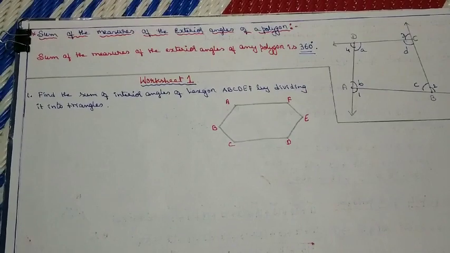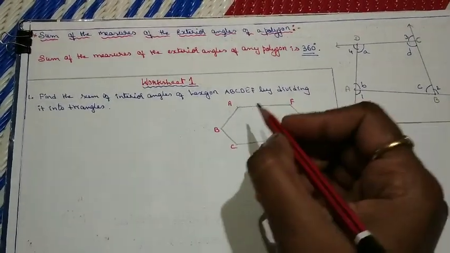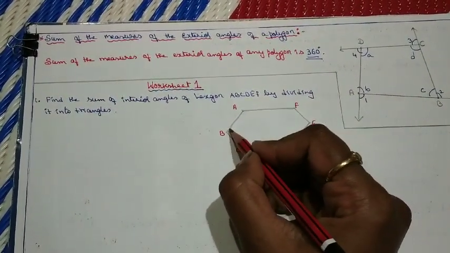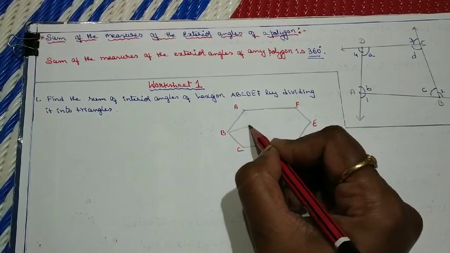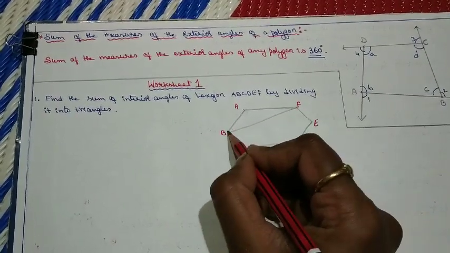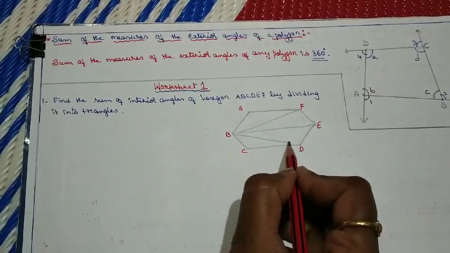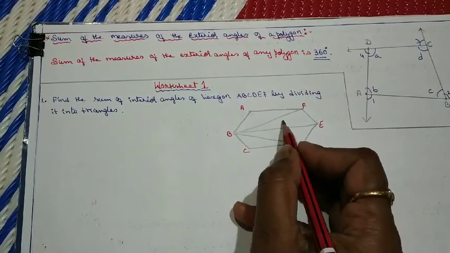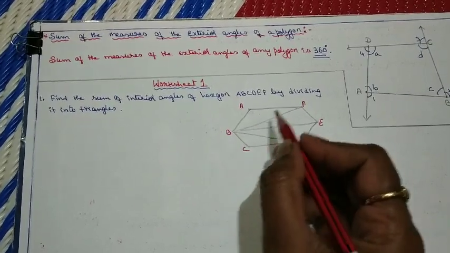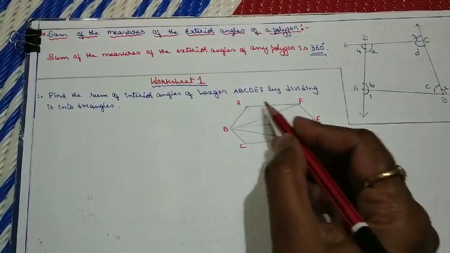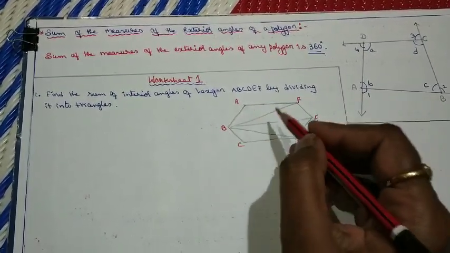So here we need to draw the triangles. I'll keep one vertex constant and start drawing the diagonals. So here we are obtaining 1, 2, 3, 4 triangles. With the 4 triangles we need to find the sum of interior angles of a hexagon.